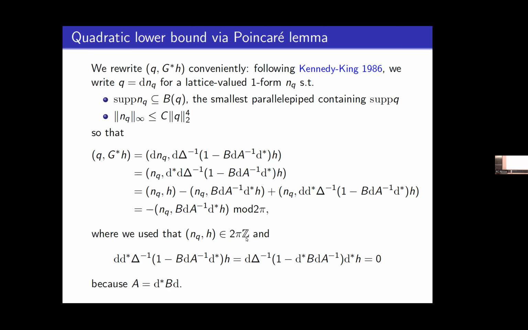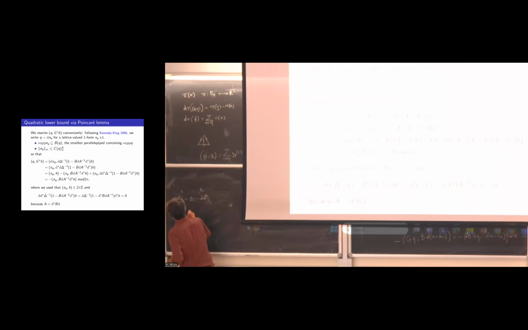Yeah, I remember when we realized this, we were sort of happy. So you have NQ, well, you have this D star, Laplacian minus 1, 1 minus B, D, A minus 1, D star, H. So this looks scary, but once again, Laplacian commutes with both D and D star.